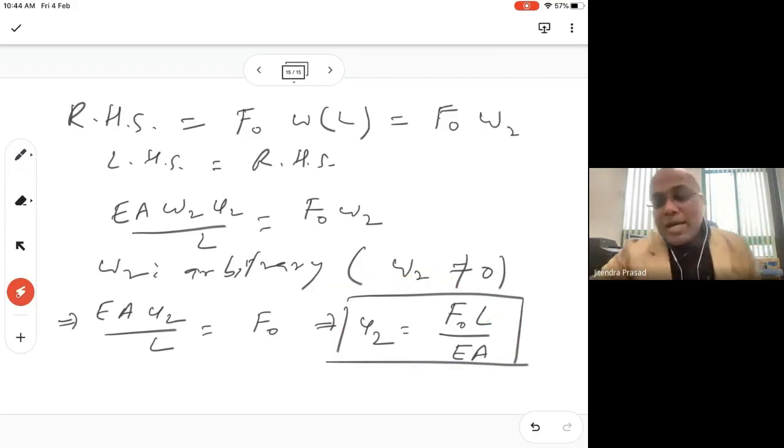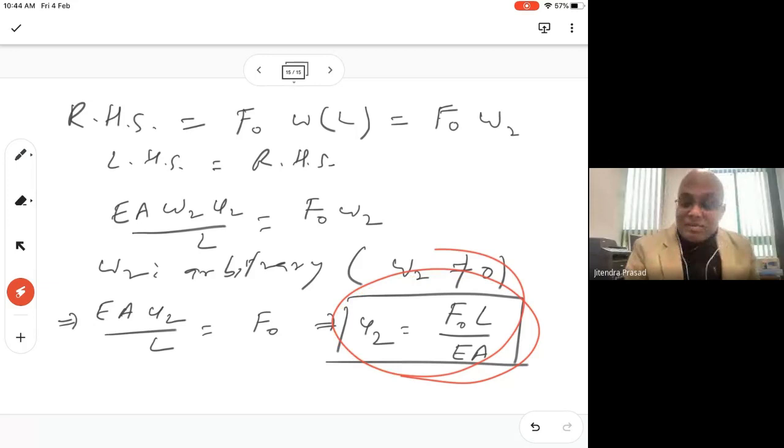So directly you got the nodal displacement. Earlier you found the coefficients C1, C2 and then put the value of x to find u. Here you directly get the nodal displacement.